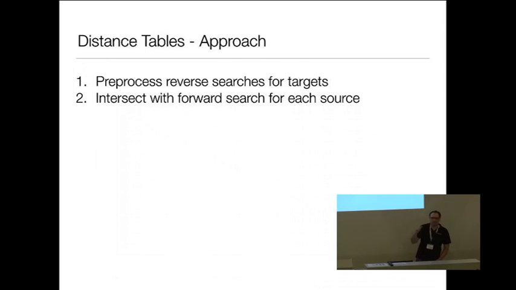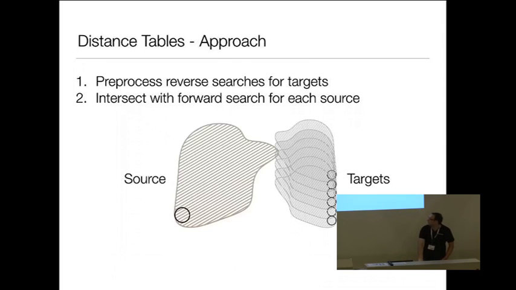And then we take each source location and intersect it with the pre-processed data that we would repeat every time we would compute one of these quadratic numbers of pairwise distances, so we just keep that.